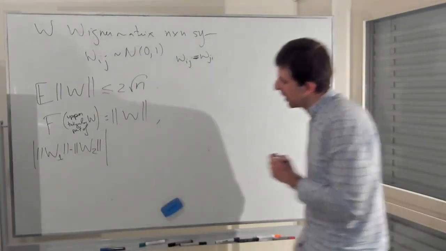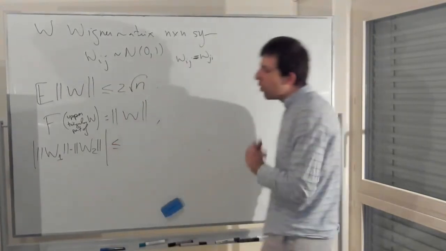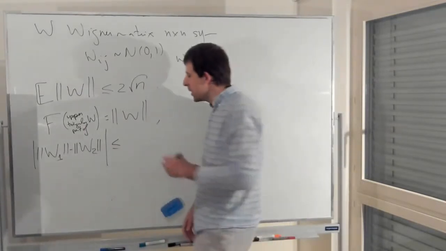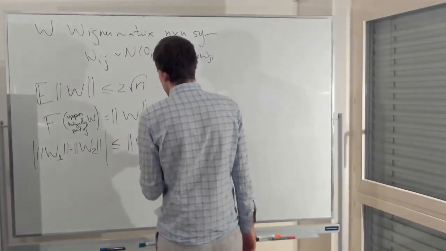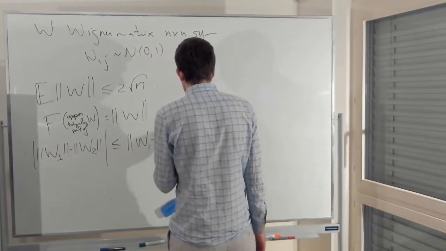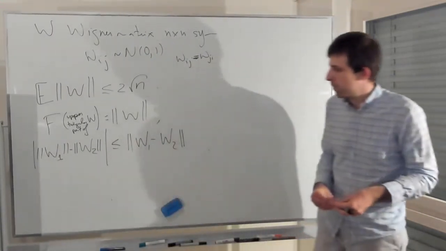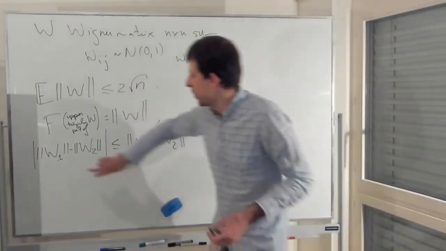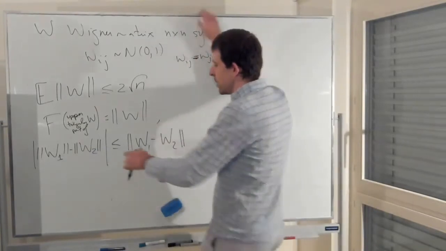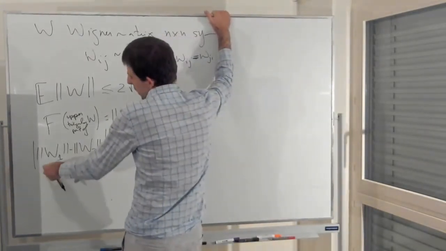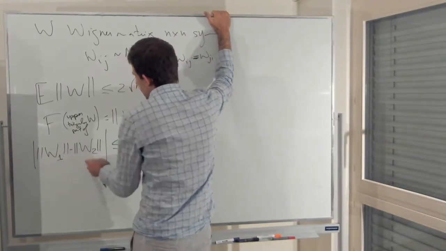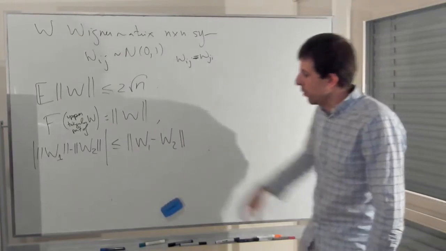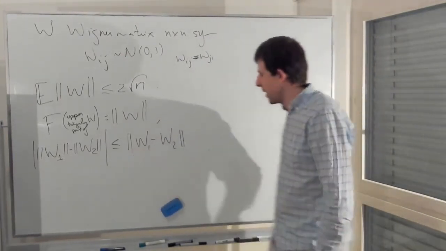Then we know by triangular inequality, or just by thinking about what the spectral norms are, that this is for sure smaller or equal than the spectral norm of the difference. You can prove this one and the other with the triangular inequality, or you can just think of what the norm is. Here you're taking the maximum in each one of these, while here you take just one time the maximum.